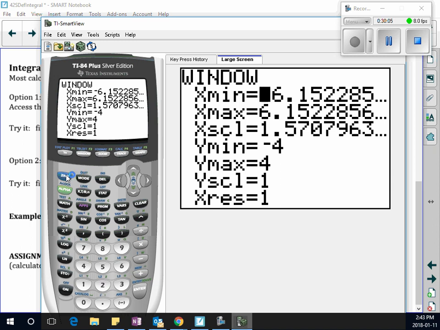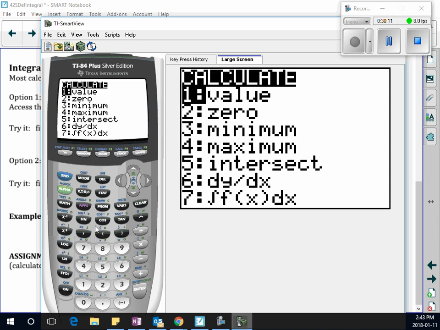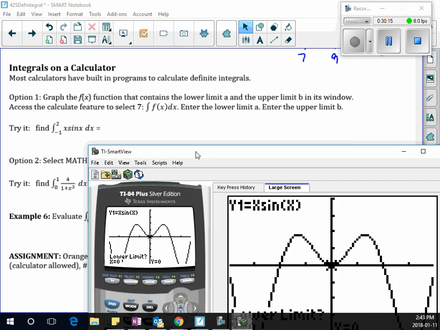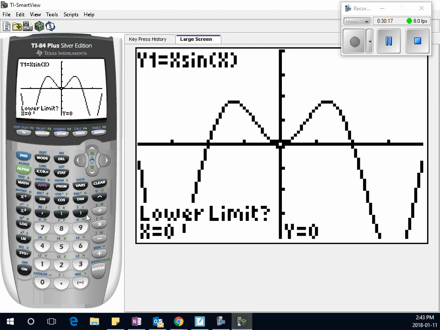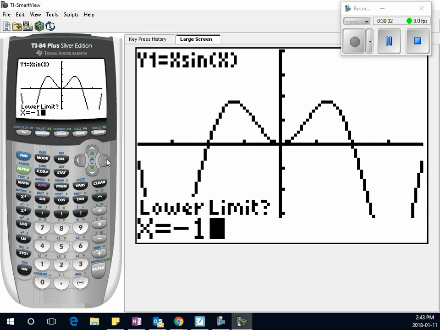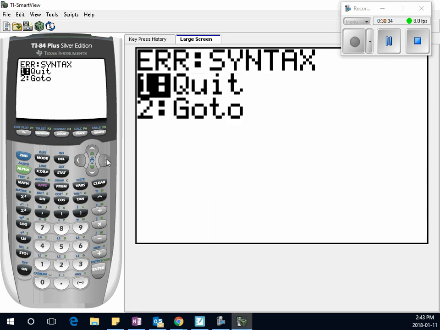So now we're going to go to calculate. Second function, calculate, number 7. The lower limit was -1.